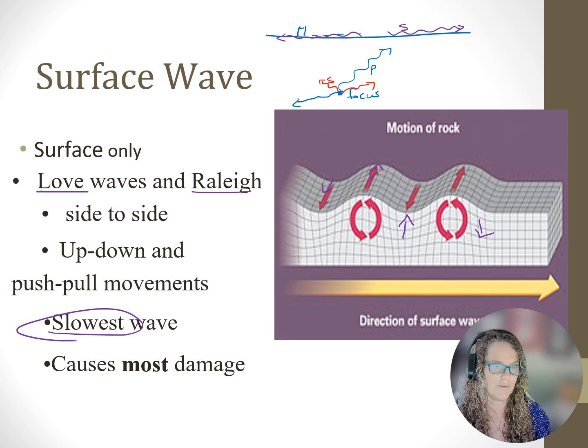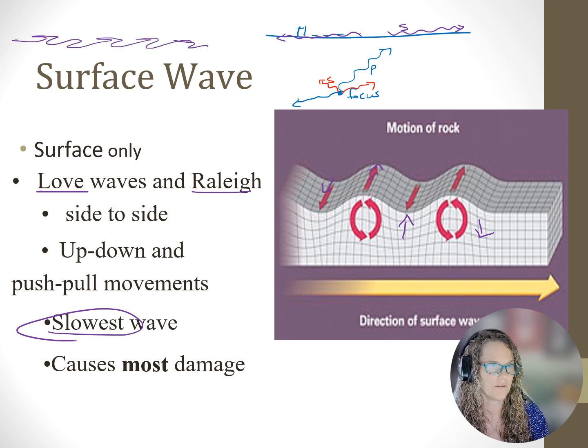So a P wave moves really fast, back and forth, but it goes really quickly, and we feel it. And then an S wave moves up and down, but it moves pretty fast also, and we feel it.